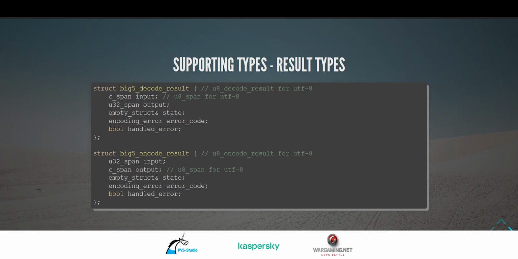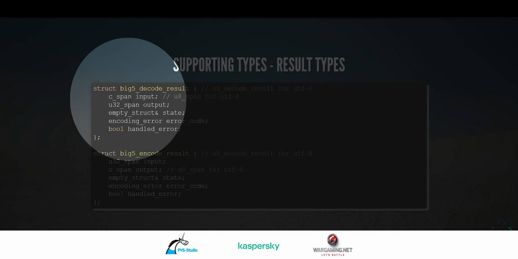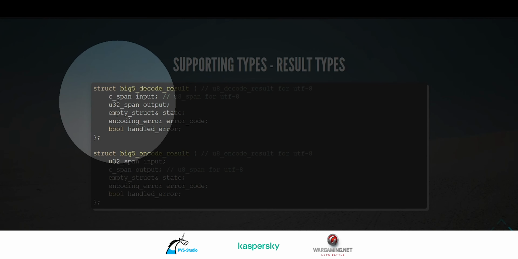The result types are pretty straightforward. They basically just contain an update of all the information that happened during one of the encode one or decode one calls. So in the case of a Big5 decode result, we have a C-span of input and a U32 span of output. The char is the input type for a decode. So decode takes in code units, which would be char, and outputs code points, which would be U32s.